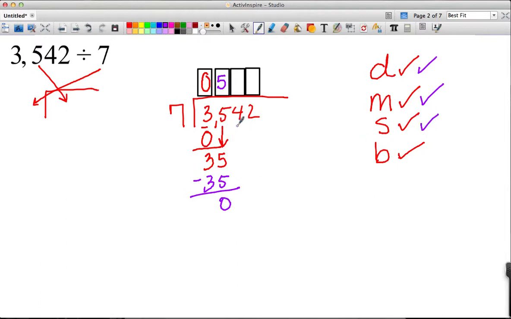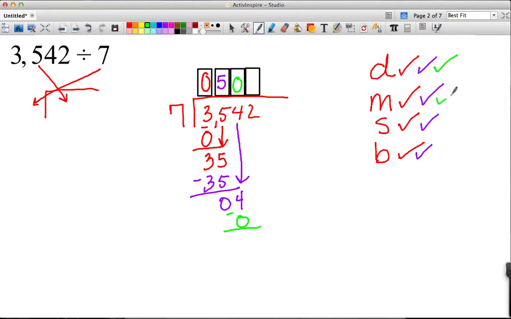And now I have to bring down. So again, don't do 7 goes into 0 0 times. You have to bring down that 4 before you can do your next division step. Now in this case, it does work out like with the 0 because 7 goes into 4 0 times. 0 times 7 is 0.